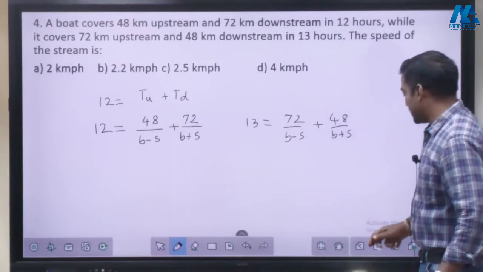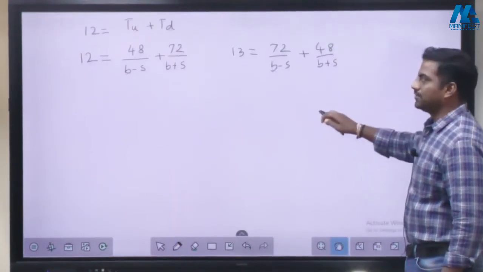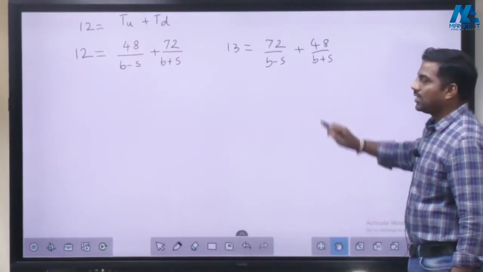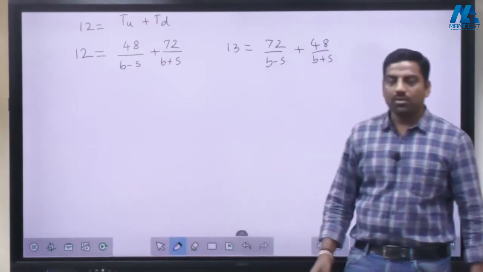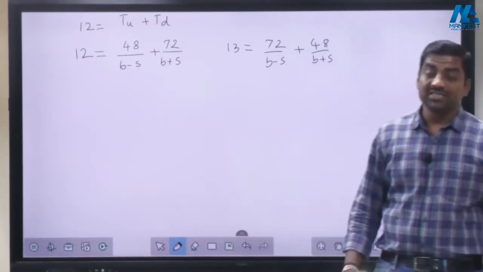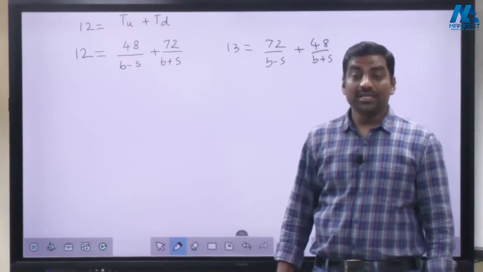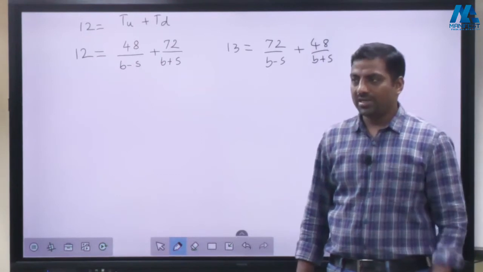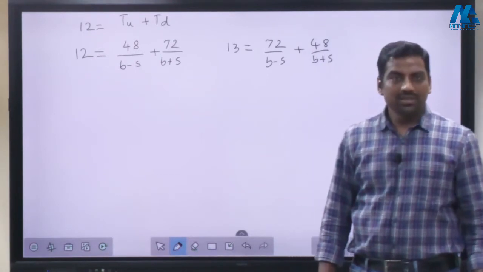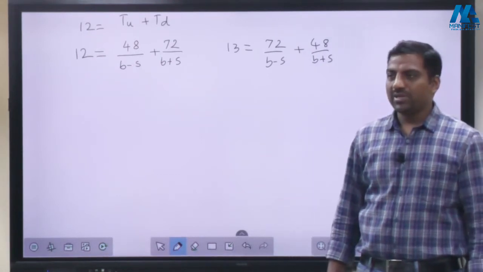See, in such cases, this is a very special case. Here we are having the variables, that too in the form of B and S, that too B plus S and B minus S in the denominator. That is why it is difficult. If the variables were in numerator, it wouldn't have been a problem. They are in denominator, that is why it is a problem.